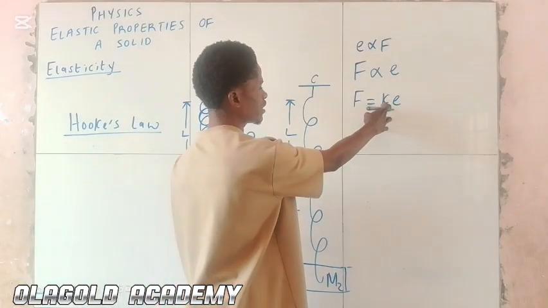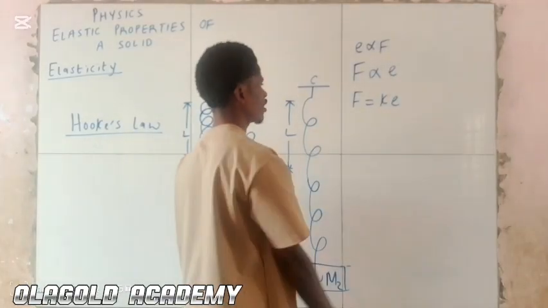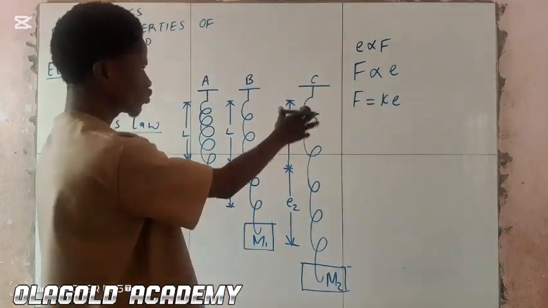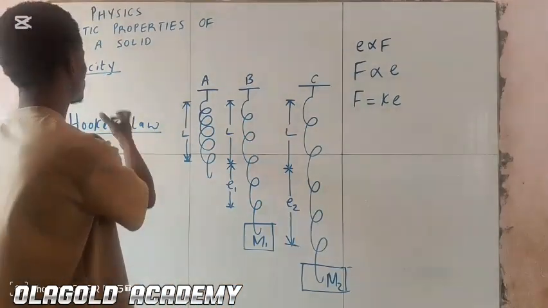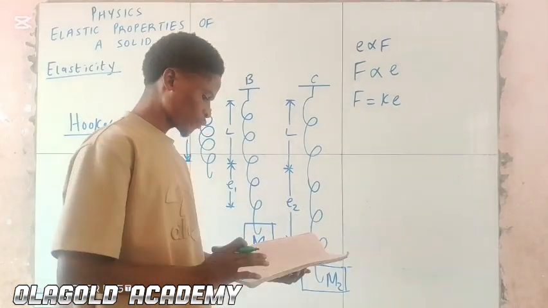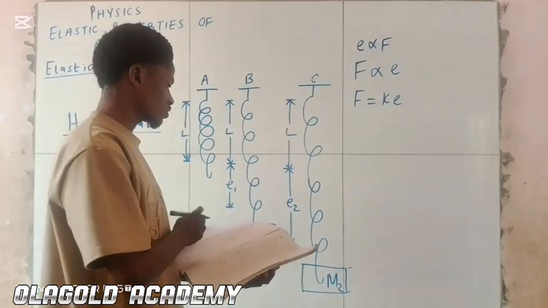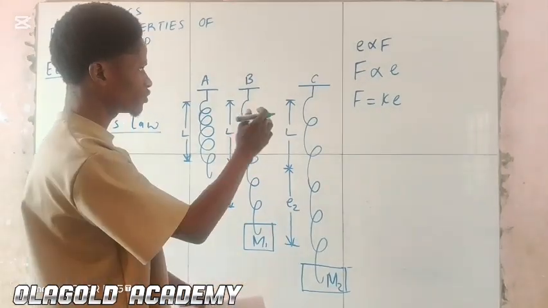So K is the constant here. So we have this as what Hooke's law is saying.